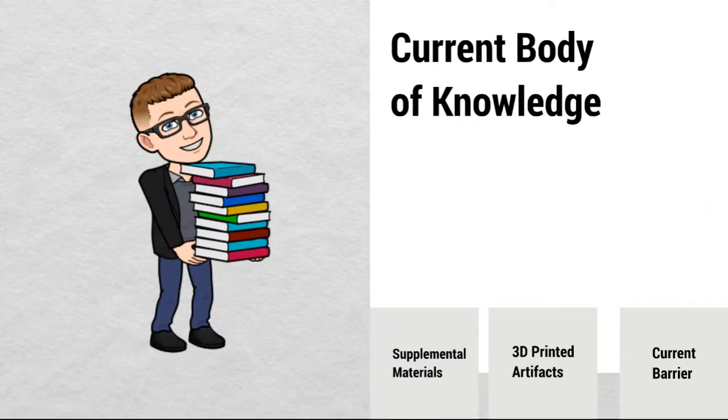In the current body of knowledge, we find three major areas that we want to talk about inside of this presentation: the supplemental materials, the 3D printed artifacts, and the current barriers. These are intertwined throughout the body of knowledge and throughout the research presented in this paper. The current supplemental materials that are provided for accessibility to students are subpar.